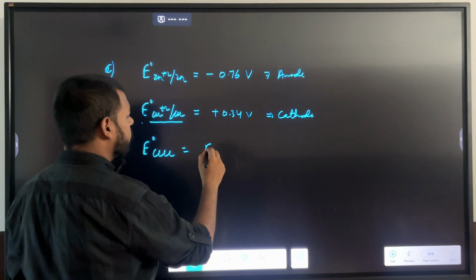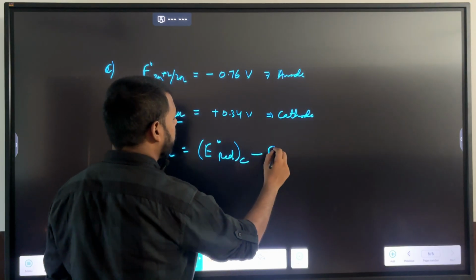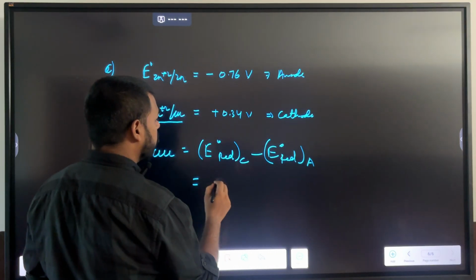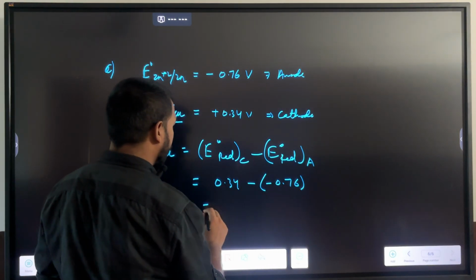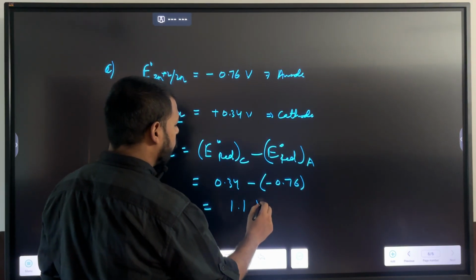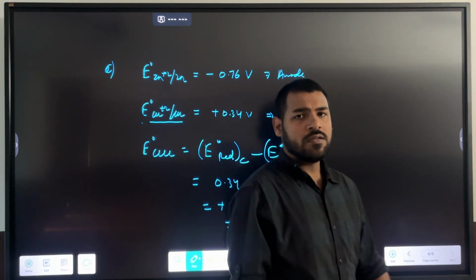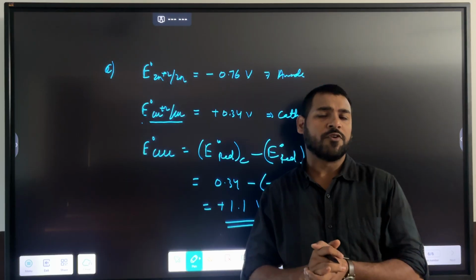Now, in the formula we have E naught reduction of cathode minus E naught reduction of anode. Just put the value: 0.34 minus of minus 0.76, and this is nothing but 1.1 volt. This will be a plus sign. The plus indicates the reaction is feasible. So this is how we can find the cell potential.